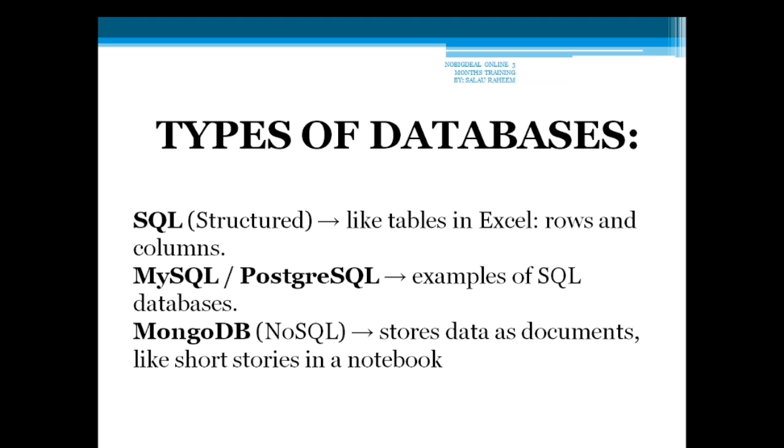Think of each document like a short story in a notebook, where the data is written in key-value pairs, like name: John. This makes MongoDB good for situations where the data may change often or doesn't need to fit into a strict table format.